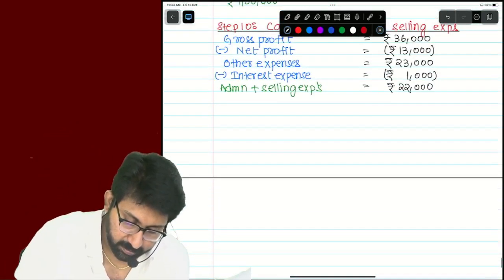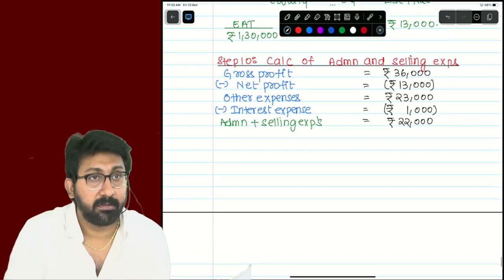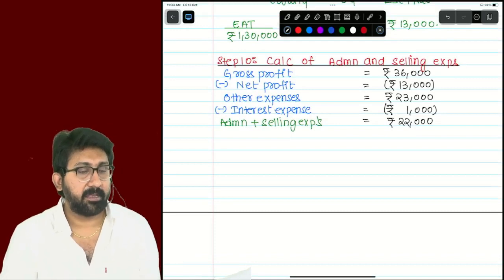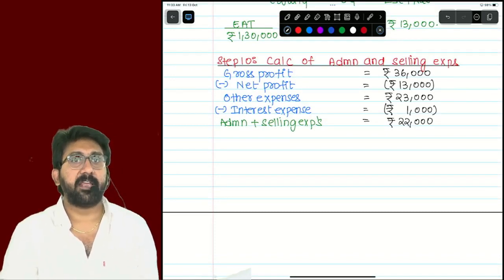Lastly, write down. Copied up to here? Those who have completed, keep the heading: recasted trading P&L.